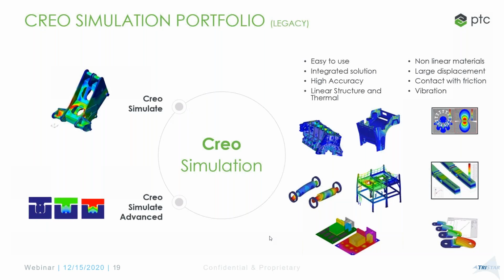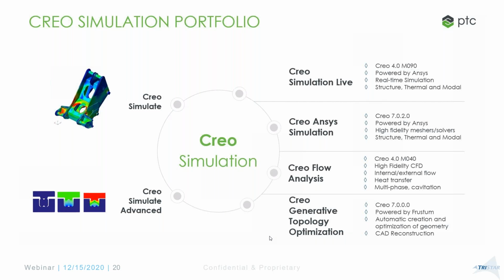Now, over the last 2 years and all the way till right now, PTC has been adding more to that portfolio, as you can see here, right? The additional 4 options here: Creo Simulation Live, Creo ANSYS Simulation, Creo Flow Analysis, and the generative topology optimization, right?